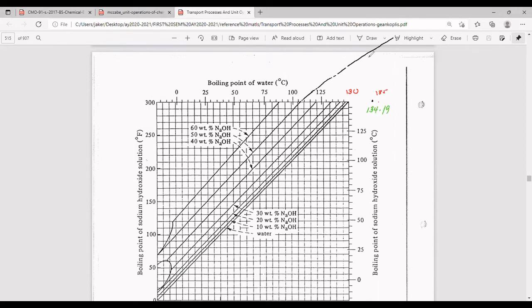And I'll go up. I hope you can still see the chart. You go up until you reach this line, the projected 50% solids line, NaOH. So this is that point.